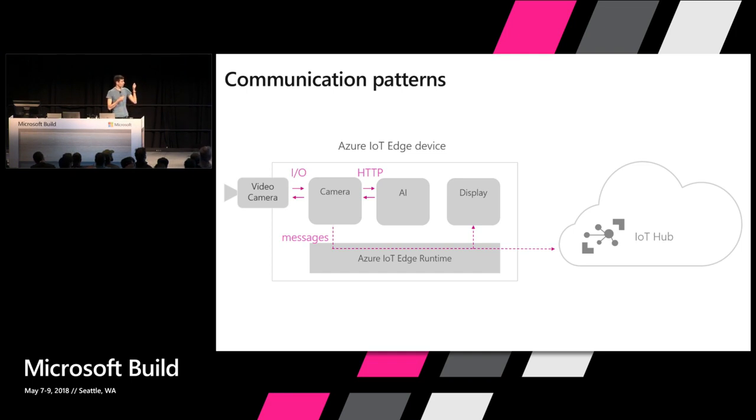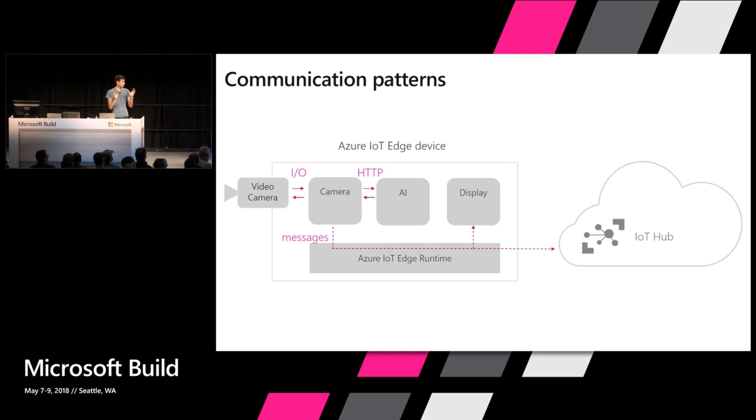But then to share images between the camera and the AI service, because images are typically pretty large, whenever you have to deal with large media files, the best pattern is to share them through either HTTP or WebSockets by using the network bridge that Azure IoT Edge has built in.